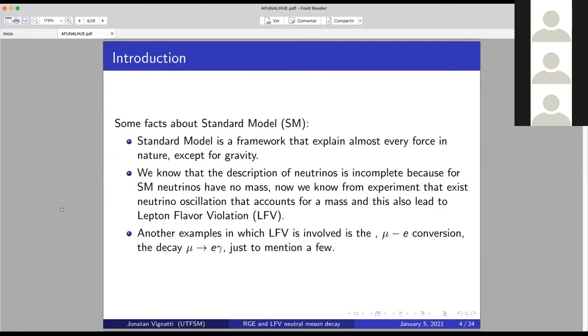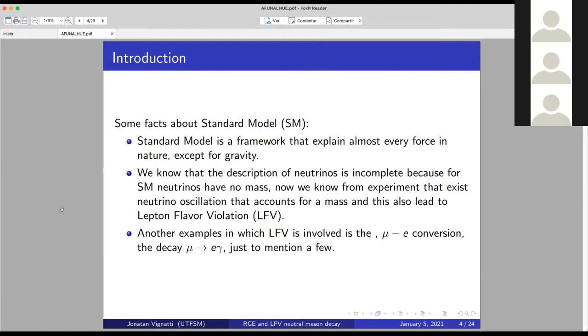So we know that the standard model is a great theory, a framework that explains almost every force, except for gravity. We know that this description of nature is incomplete because it doesn't consider, for example, the mass of neutrinos.